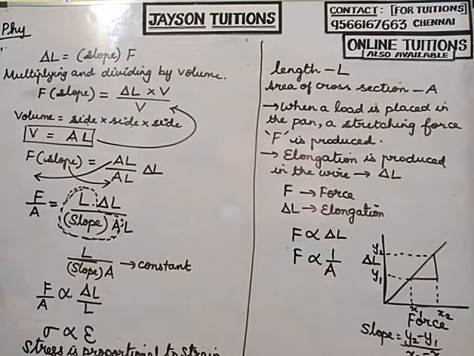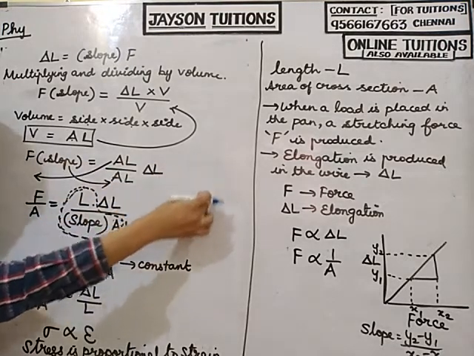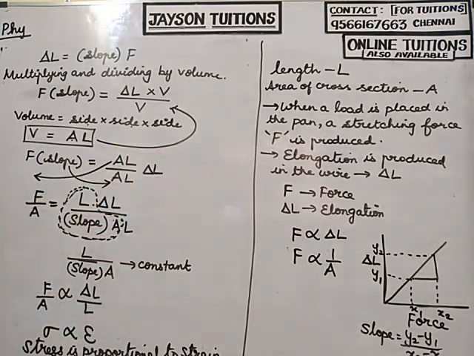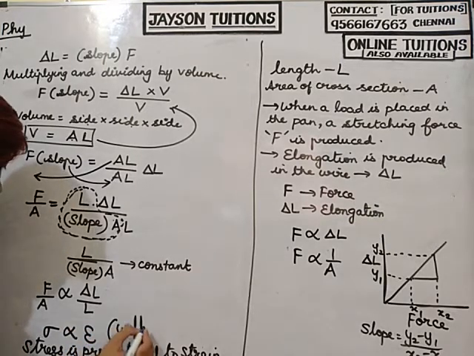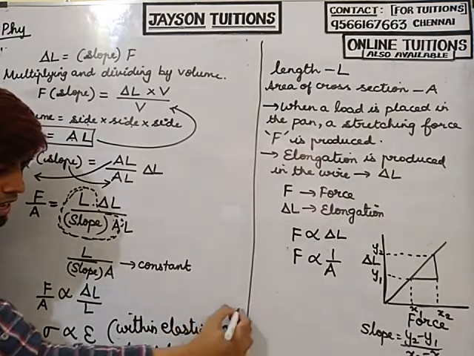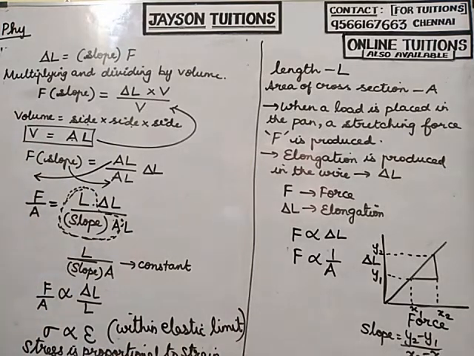Elastic limit means even after it elongates, it should be able to regain its original shape. That is what is called the elastic limit. So this is applicable only within the elastic limit. If it crosses the elastic limit, it will not regain its original shape.